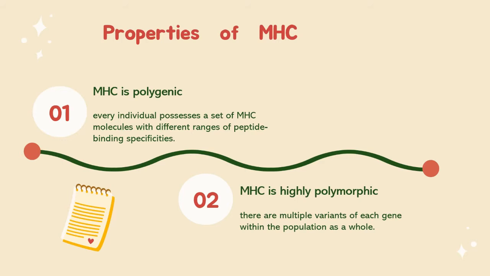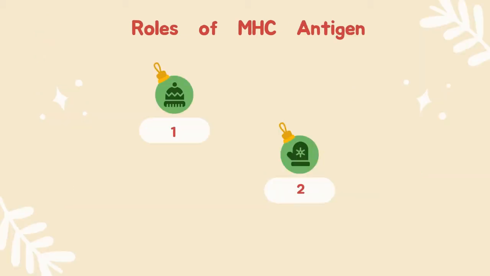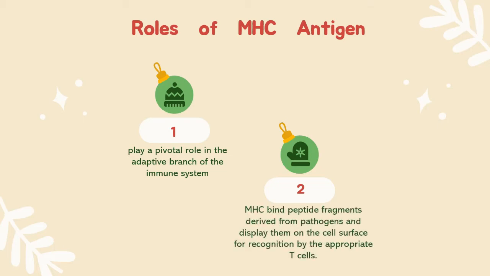These two separate properties of the MHC make it difficult for pathogens to evade immune responses. MHC antigens play a pivotal role in the adaptive branch of the immune system. MHC presents peptides on the cell surface for recognition by T cells.